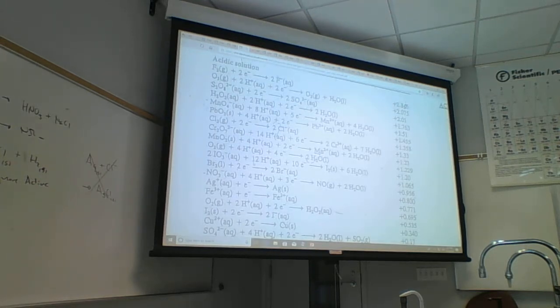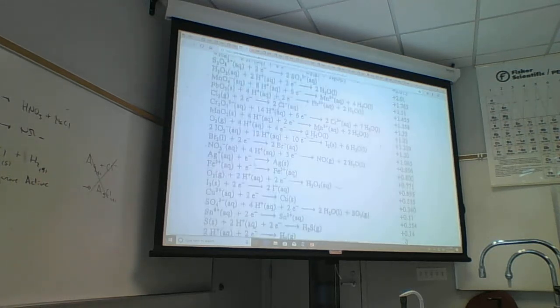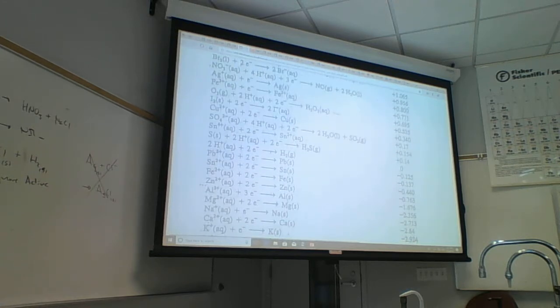All right, silver metal. Oxidizer, reducer, or neither? Reducer. H plus, oxidizer, reducer, or neither? Oxidizer.